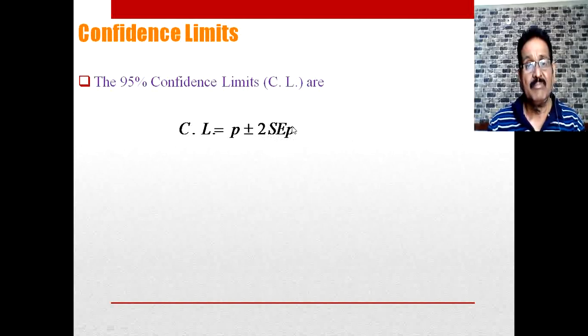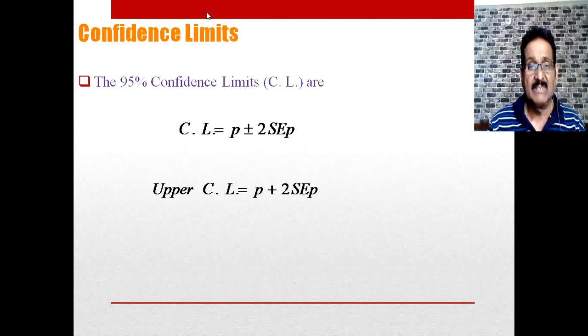Just the same as we did when we calculated for the standard error of mean, where instead of P we used the mean x bar and SEP was replaced by standard error of mean. The formula is the same; you just replace the mean in place of proportion, and vice versa, when you use either standard error of mean or standard error of proportion.